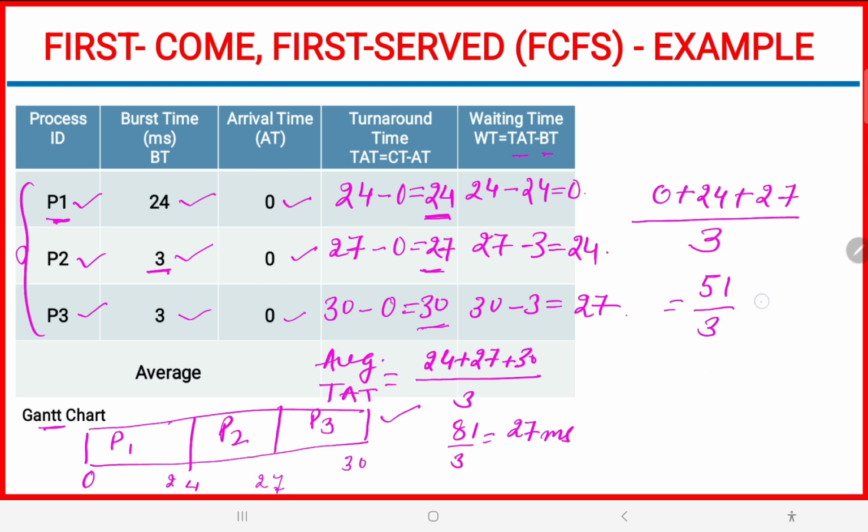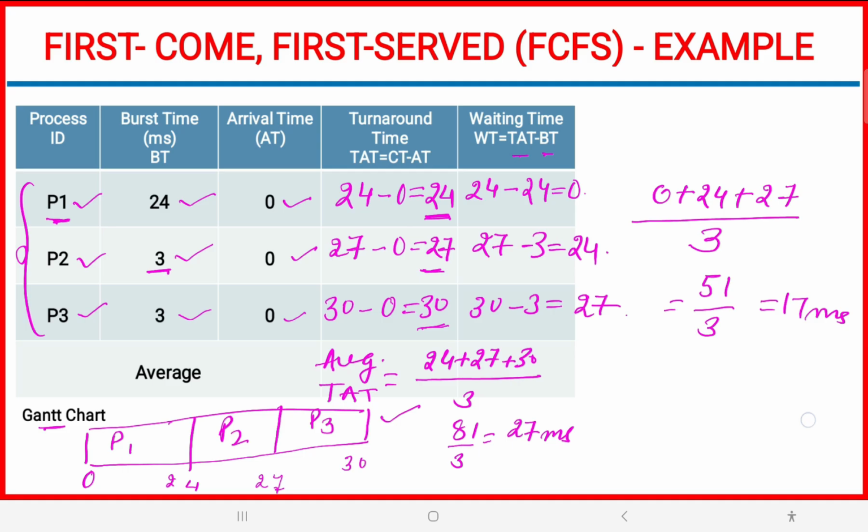That means the average waiting time is 17 milliseconds if we are working on such a system. And we are aware that it is better if the waiting time is low. The better the system. We need to have a minimal waiting time, then only we can consider that the algorithm was efficient.